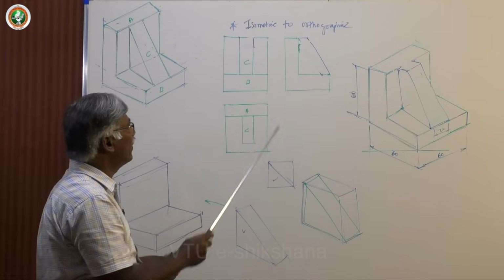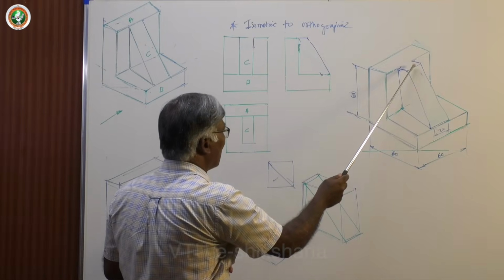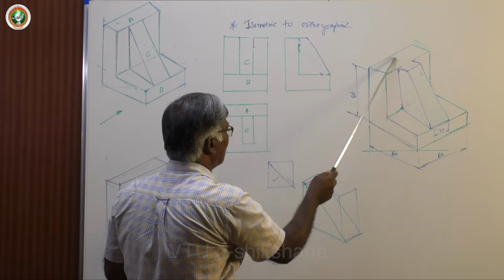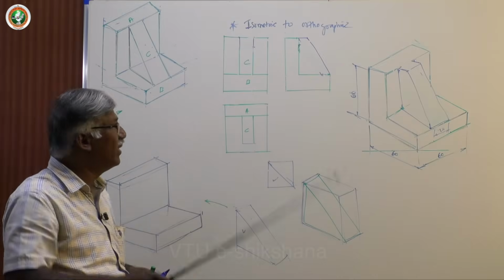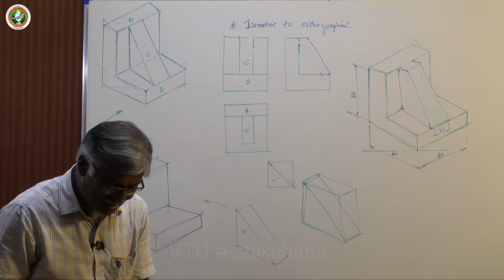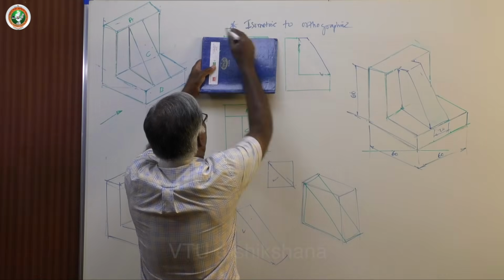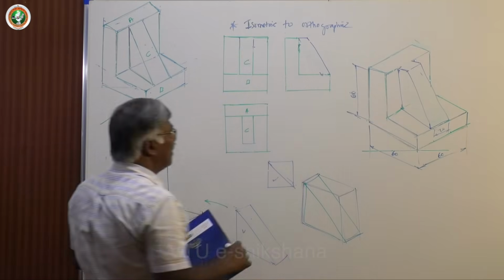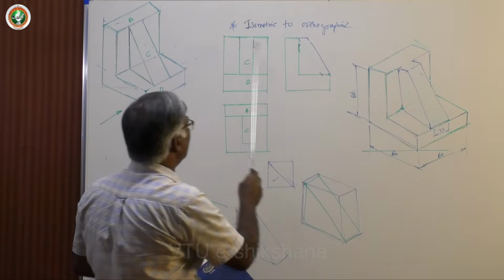Okay, this is the side view. What about the top view? Any changes in the top view? No, because the entire contour, it may be a rectangle or any contour, if it is perpendicular to VP, it is simply one horizontal line, a regular line, no changes. And also the topmost edge is coinciding with this.